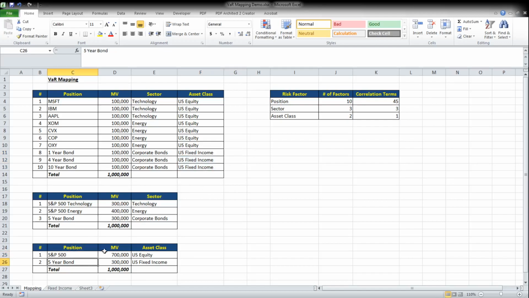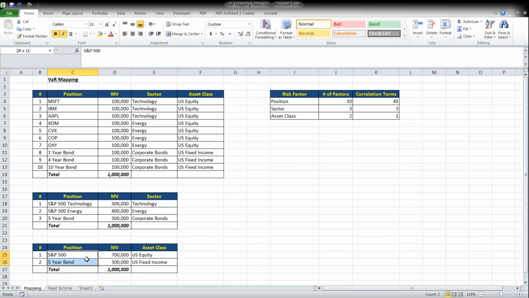So here you now have only two risk factors, S&P 500 and a 5-year bond with $700,000 and $300,000 invested in each respectively. And again, your total market value is $1 million.